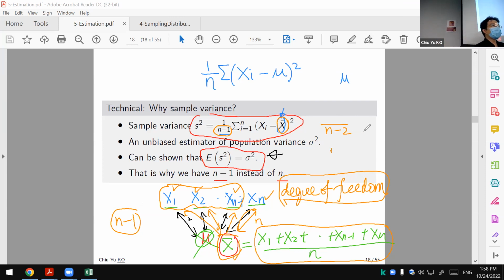How many you subtract depends on how many things you have to estimate first. In this case, we only estimate the sample mean. So that's why we subtract 1.